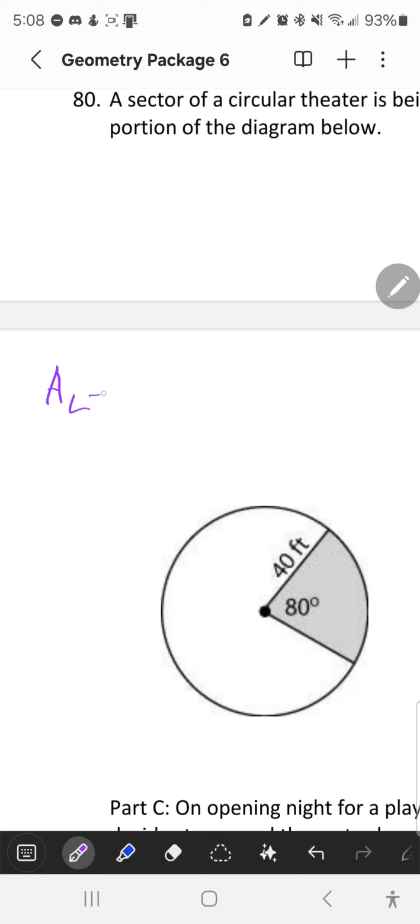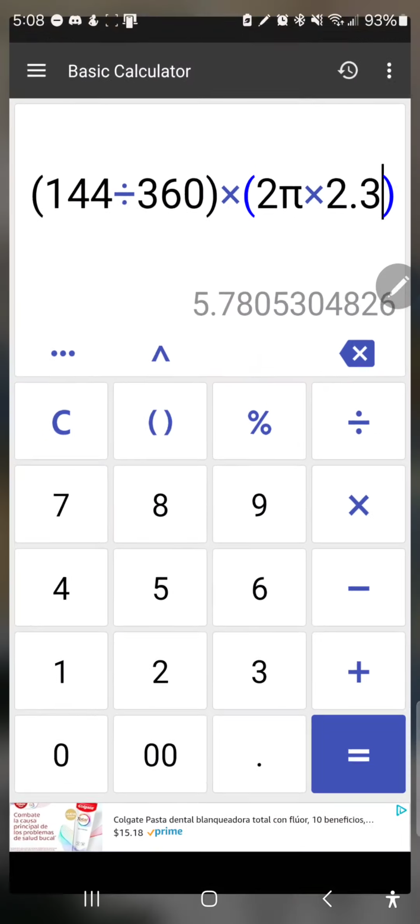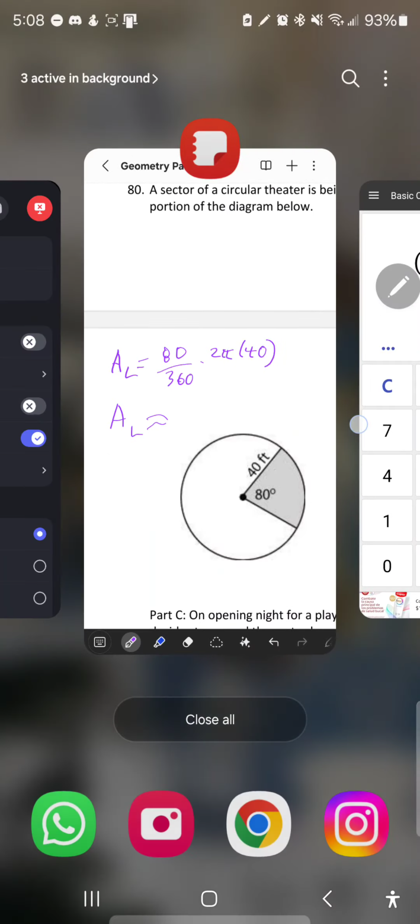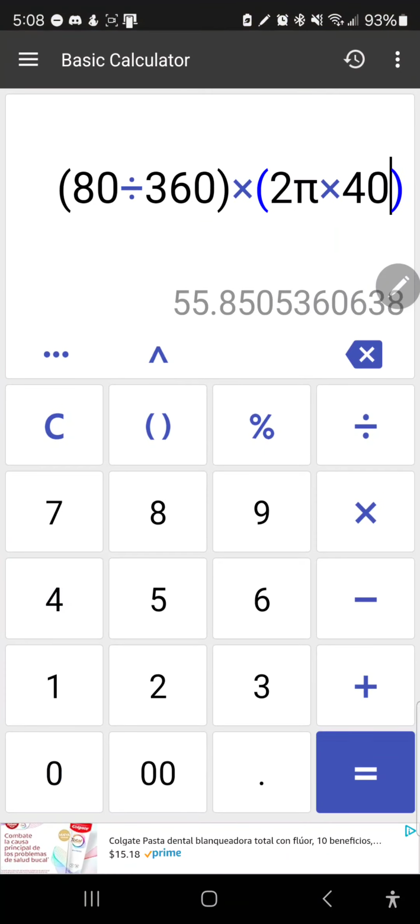So that will be equal the angle, which is 80, over 360 times the circumference, which is 2 pi r, which in this case is 40. So we go to the calculator. 80 over 360, and then 2 pi times the radius, which is 40. And what do they say to round to?